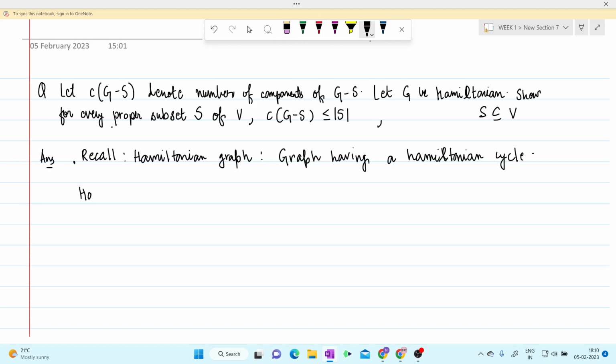And a Hamiltonian cycle is basically a cycle containing all the vertices of G.